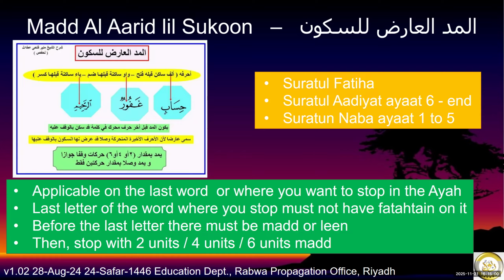Like 2 units: you read the whole surah with only 2 units for Mad Arid Lil Sukun. 4 units: you read the whole surah, wherever Mad Arid Lil Sukun comes, with 4 units. Similarly, 6 units. Not sometimes 2, sometimes 4, sometimes 6 in the same surah. Uniformity has to be maintained.